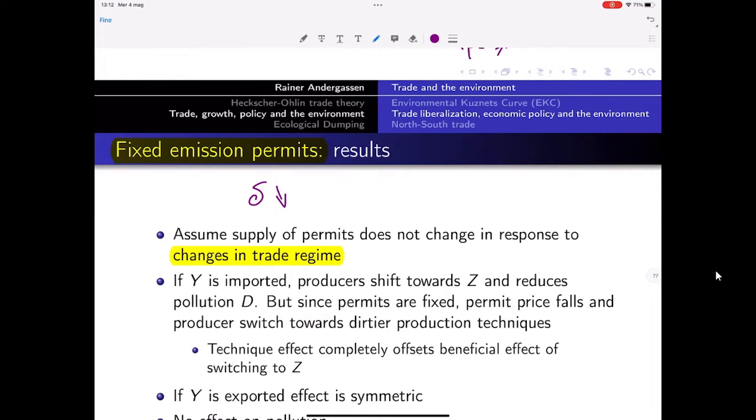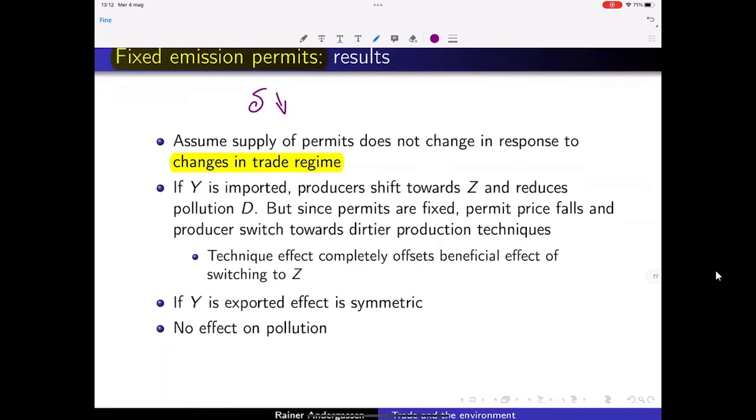So what is the result here? You have to distinguish two cases. Consider first the case of a country that imports the dirty good. If the country imports the dirty good, it means that it has a comparative advantage in the production of the clean good.